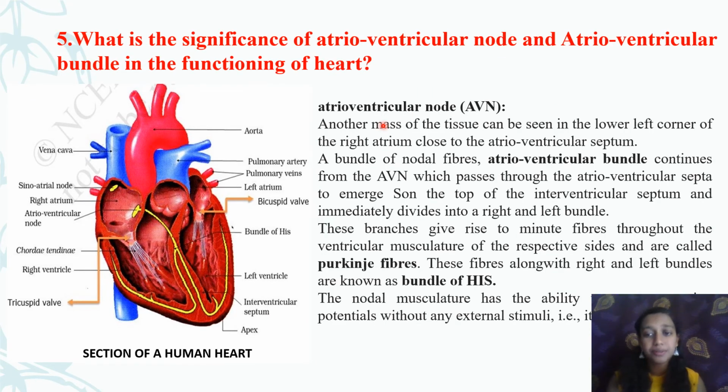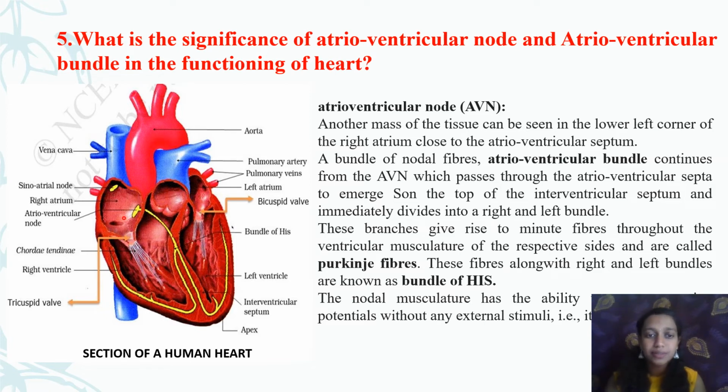And coming to the next one, what is the significance of the atrioventricular node and atrioventricular bundle in the functioning of the heart? So it is another mass of tissue which can be seen in the lower left corner of the right atrium close to the atrioventricular septum. So this is the atrium, this is the ventricle, this is the atrioventricular septum.